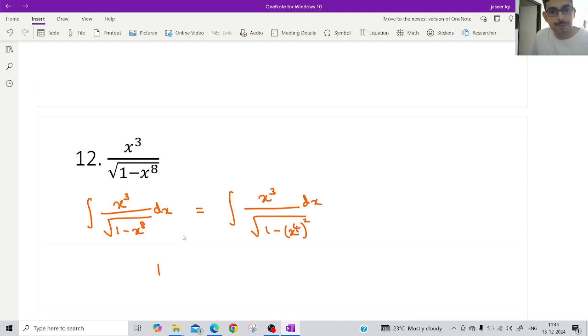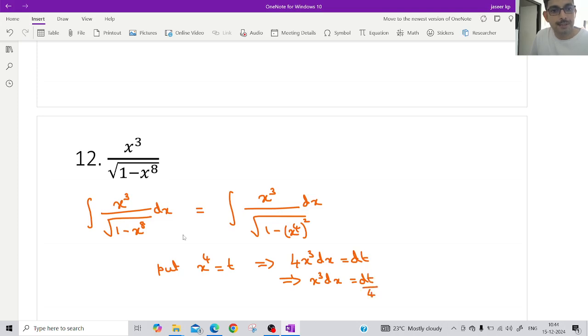Now put x power 4 equal to t. So that implies 4x cube dx equal to dt. So that means x cube dx equal to dt by 4.